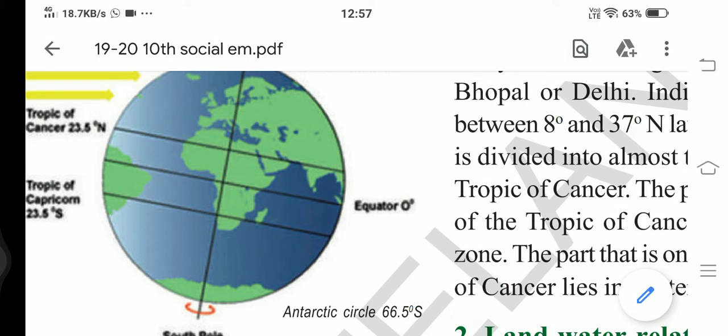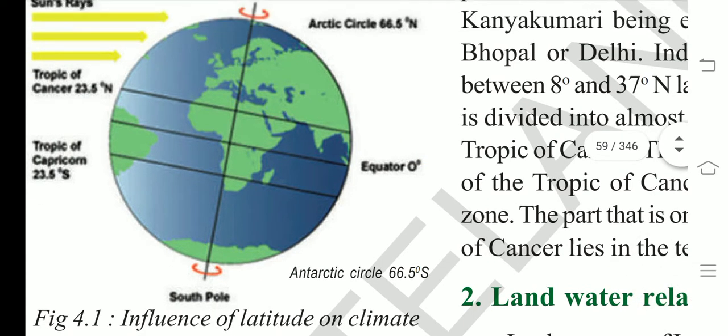And another thing is the water and land relation. A water body absorbs heat very slowly and releases it very slowly. So the winds blowing from the Indian Ocean will influence the climate of southern India, whereas on North India the influence will be very less.